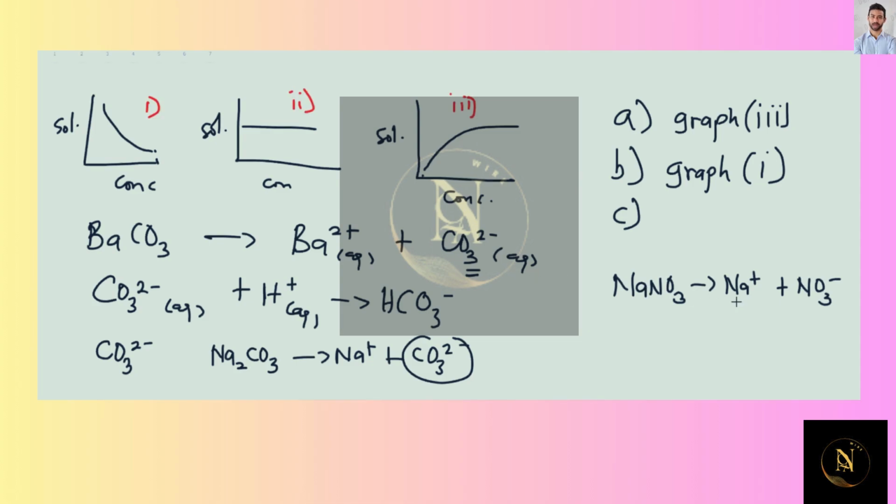Rather, the Na+ can probably react with the CO3 2- to form Na2CO3, but that depends on a lot of factors. So the graph that depicts that could likely be graph 2. Nothing really changed.